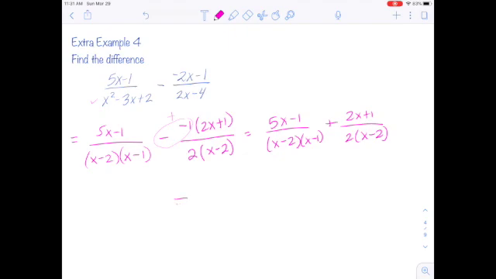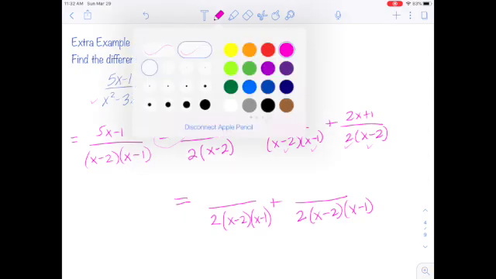All right, so now we're at the point of common denominators. So what would my common denominator be? I'm going to take a 2. Everybody has to have a 2. Everybody has an x minus 2, so we keep it. And I need an extra factor of x minus 1. So this is called the least common multiple, that you make your denominators.